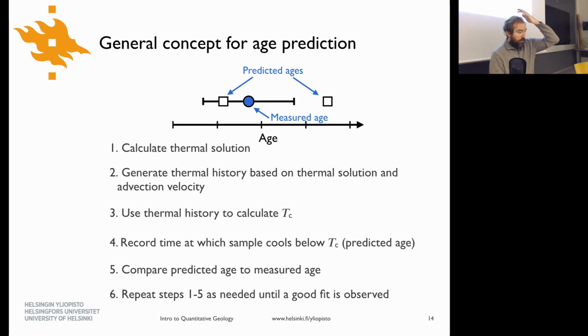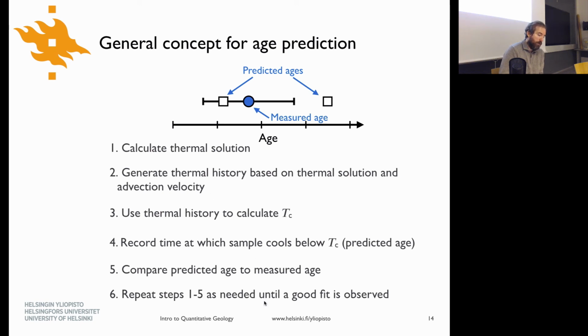And finally, once you have the age, we're going to do the same kind of thing that we've done in the earlier exercises, and that is use this chi-squared equation to compare our prediction to the observed ages from a data file. You calculate what the age should be for different thermochronometer systems compared to the age data that we have, and then maybe change the rate of advection to see if you can get a better fit to the data with a faster or slower advection velocity.